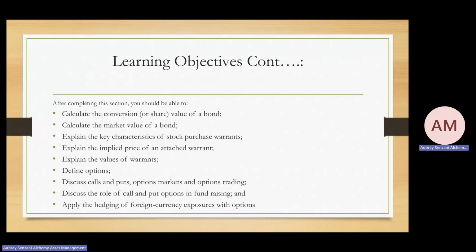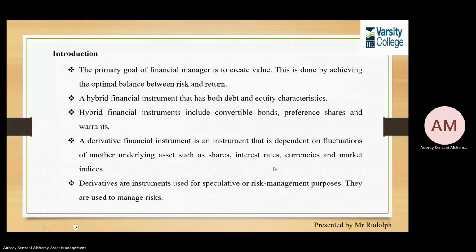And then we're going to calculate the conversion value of a bond, and then obviously the market value of a bond, and then explain key characteristics of stock purchase warrants, and then also look at the implied price of a warrant, and what else is there? Defining options and so on and so forth. So, yeah, very interesting learning unit indeed.